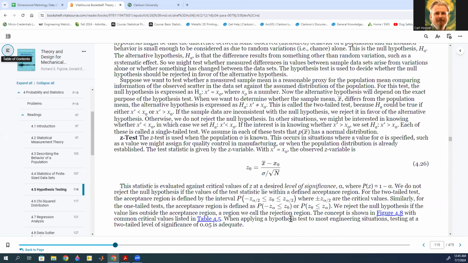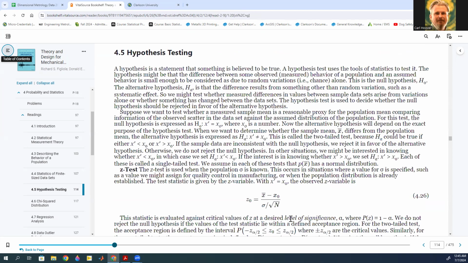And so the idea of a hypothesis is a statement that something is believed to be true. So the hypothesis in this case is that the difference between some observed or measured value, the mean that we get of the population, and an assumed behavior is small enough to be considered due to random chance alone.